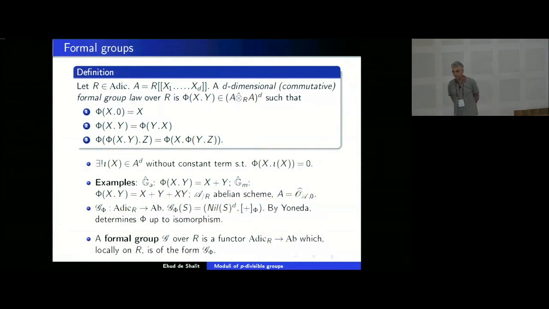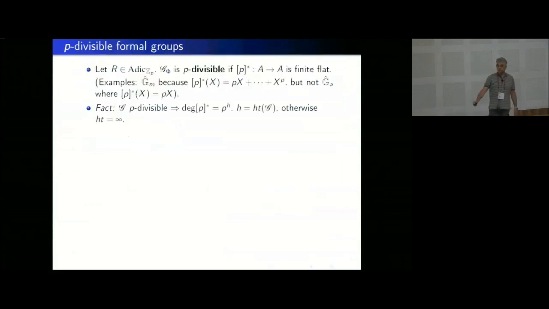A formal group G over R is a functor from adic over R to ab, which locally on R is of the form G phi. Of course, R can be spread out, need not be local, so maybe you cannot use the same coordinates everywhere, but locally Zariski on R, it should be a functor of this form.